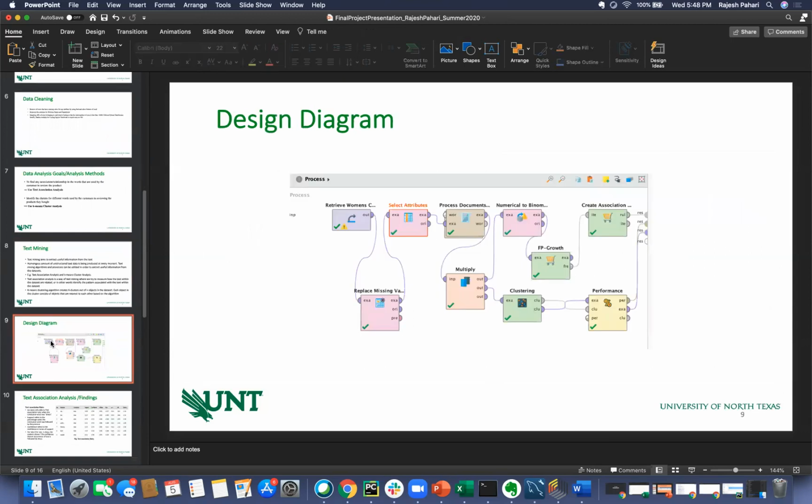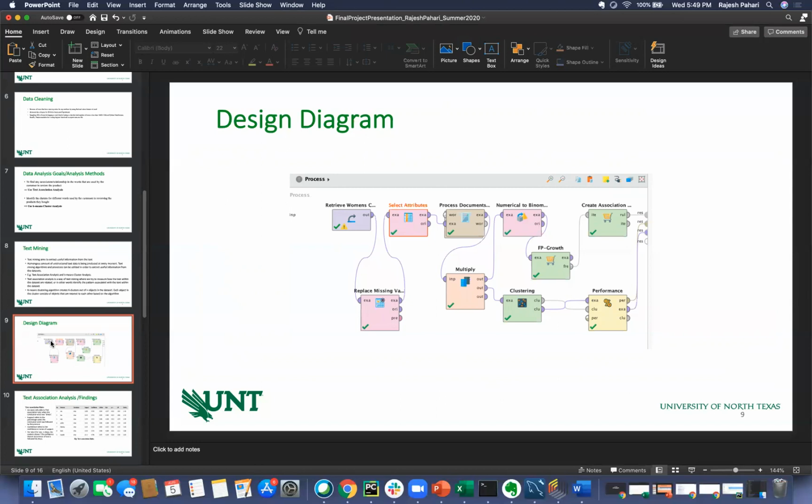This is our design diagram, or the process diagram, in RapidMiner. We get the dataset that was exported from Python. I replace the missing values. I select the review text as the attribute to be used, and I use the Process Documents operator, within which we have several operators. The last of them is the tokenizer. That tokenizer is fed into Multiply.